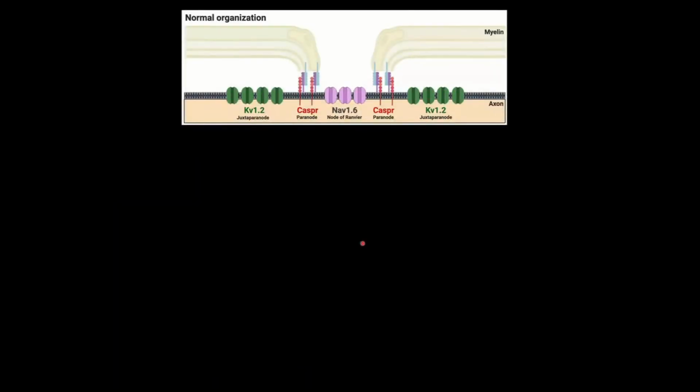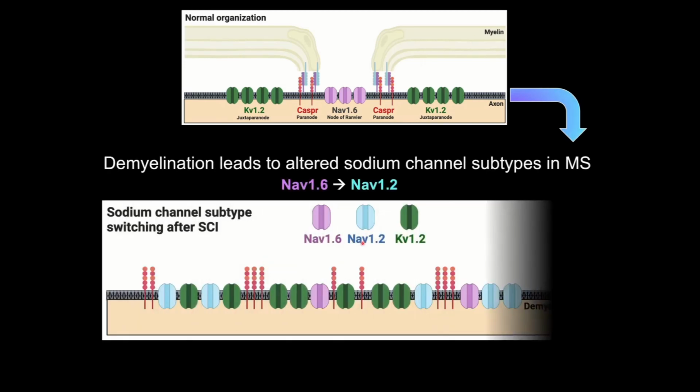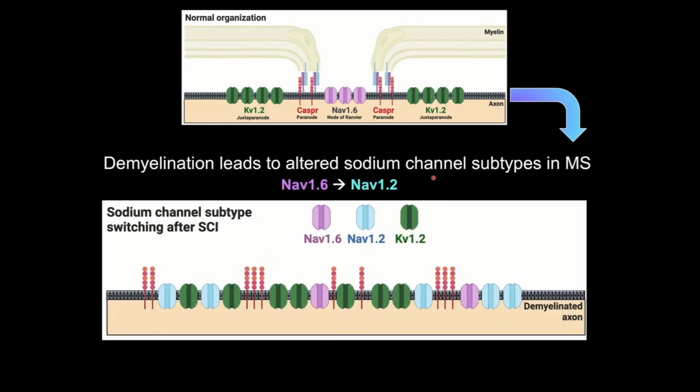We wanted to also use another way to quantify demyelination. You always want to try to find as many different ways to confirm your results as possible. So we turned to another thing that's been known in the MS field, and that is that when there's demyelination in the adult brain and spinal cord, the sodium channels actually switch to one that's present in the developing brain and spinal cord.